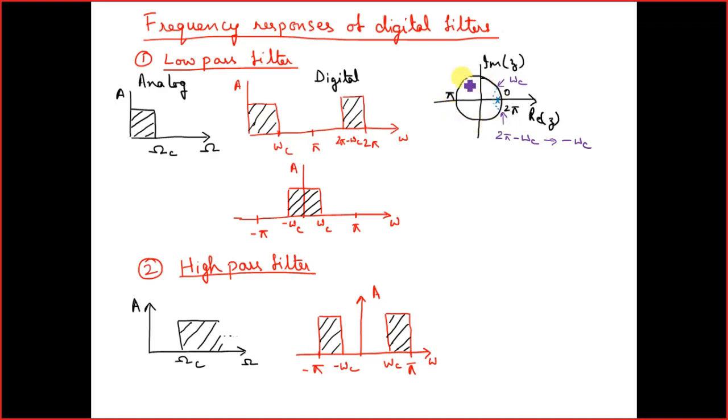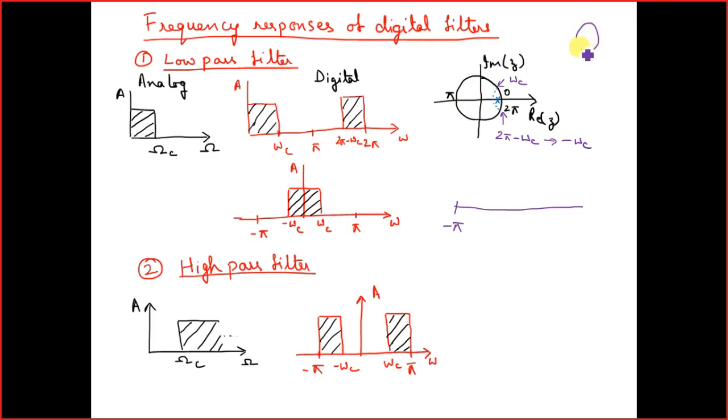Now if you open this circle into a linear string, this is minus pi.